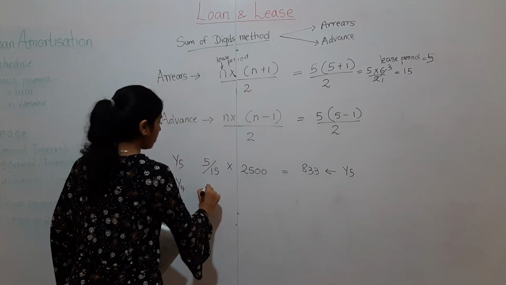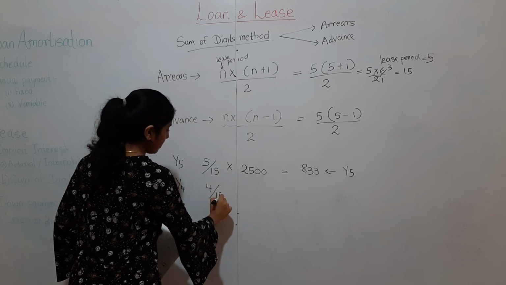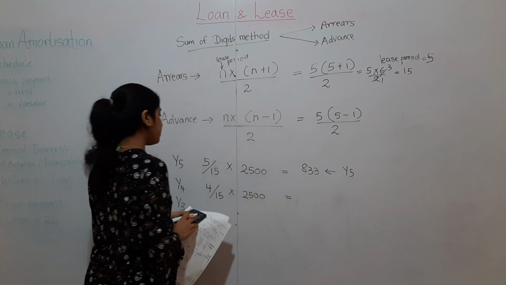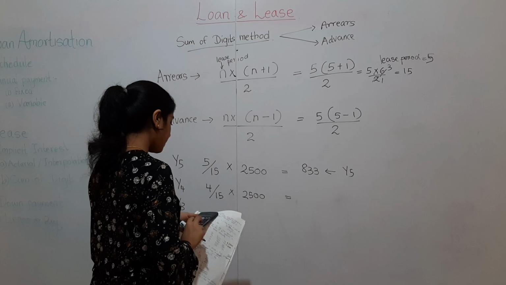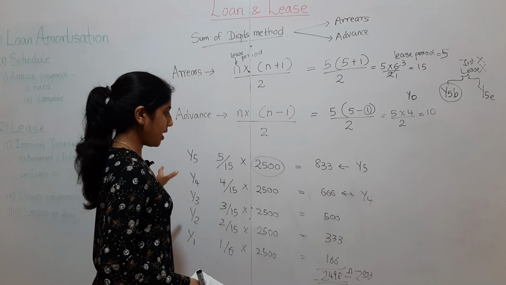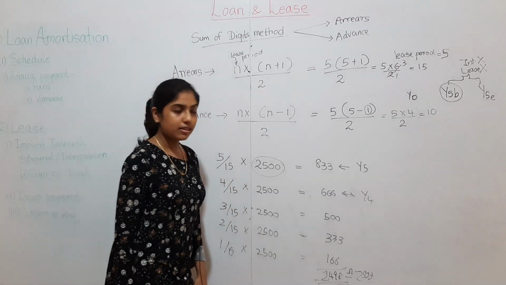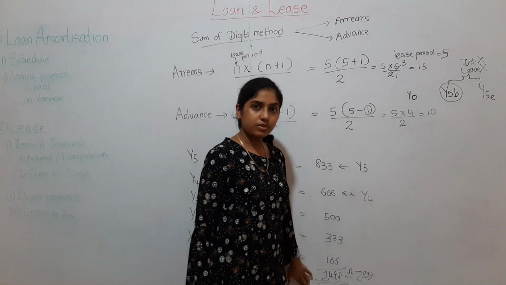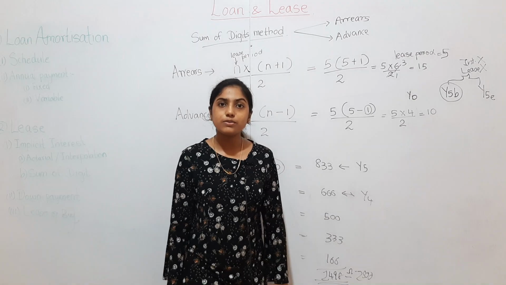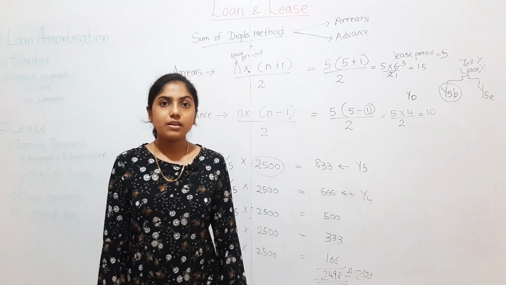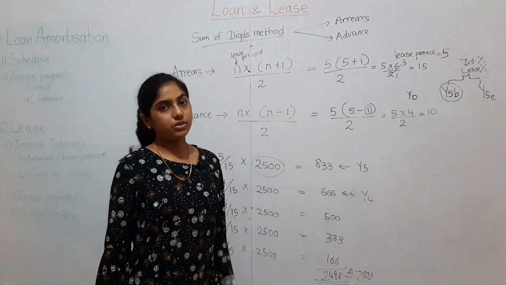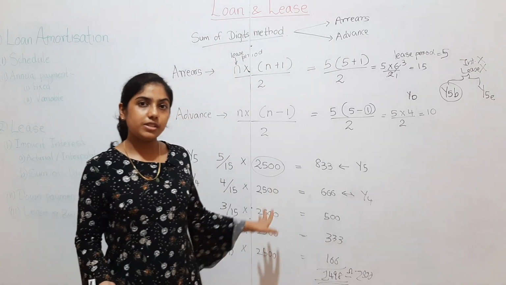Next, year 4 divided by 15 multiplied by the annual rental of 2500. Likewise, we have to prepare this table of implicit interest figures, and the total will be equal to your annual payment of 2500, because we divided 2500 by the sum of digits each year.